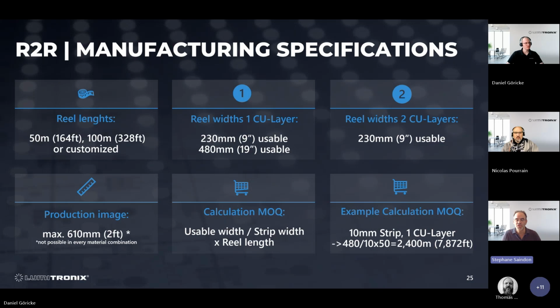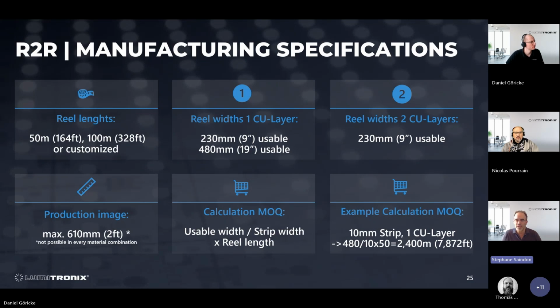We review how much flexible strip we can place on the main material, and that's usually 230 millimeter or 480 millimeters on 1 layer and 230 millimeters on 2 layers. We also have to review the image that we can use for your product, so we may have some adjustments to do.